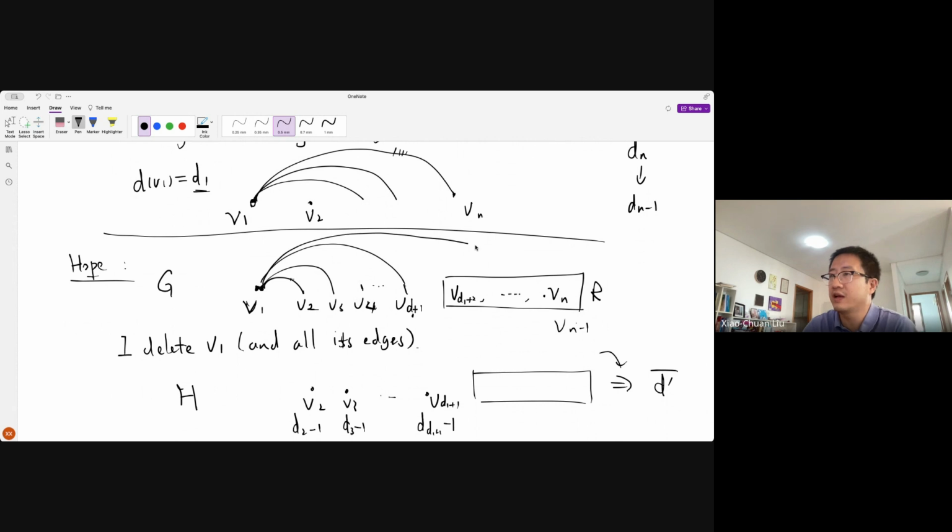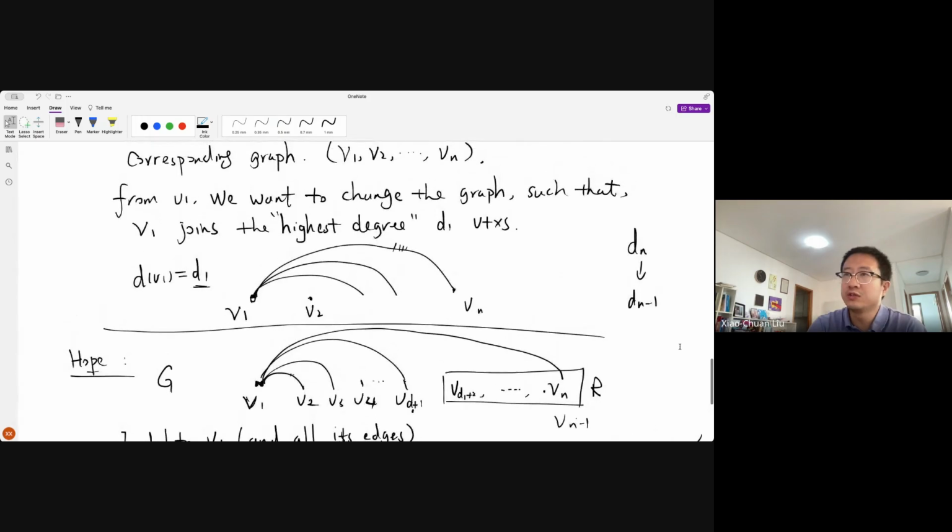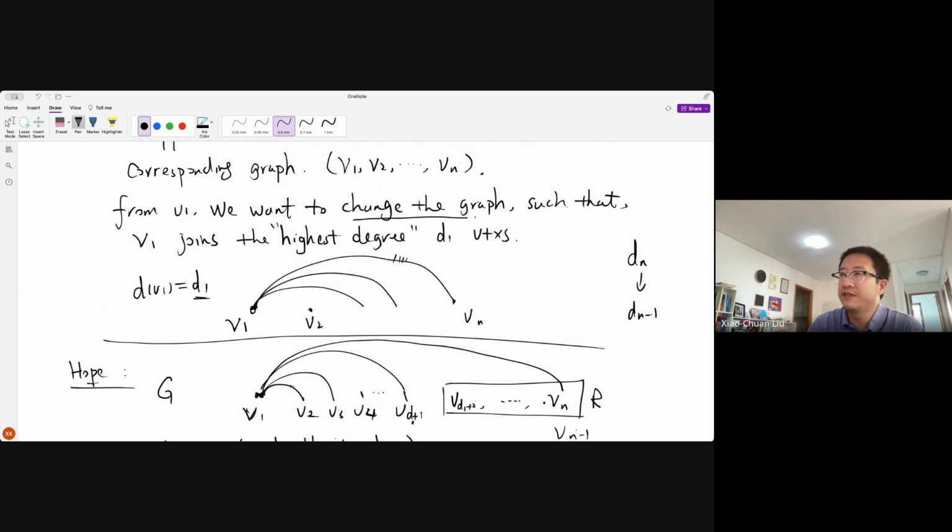We can delete V1, but the degree sequence of H is not the one we hoped for. Therefore, what we want to do is change the graph such that the first vertex V1 actually joins all the highest degree vertices among the remaining vertices.